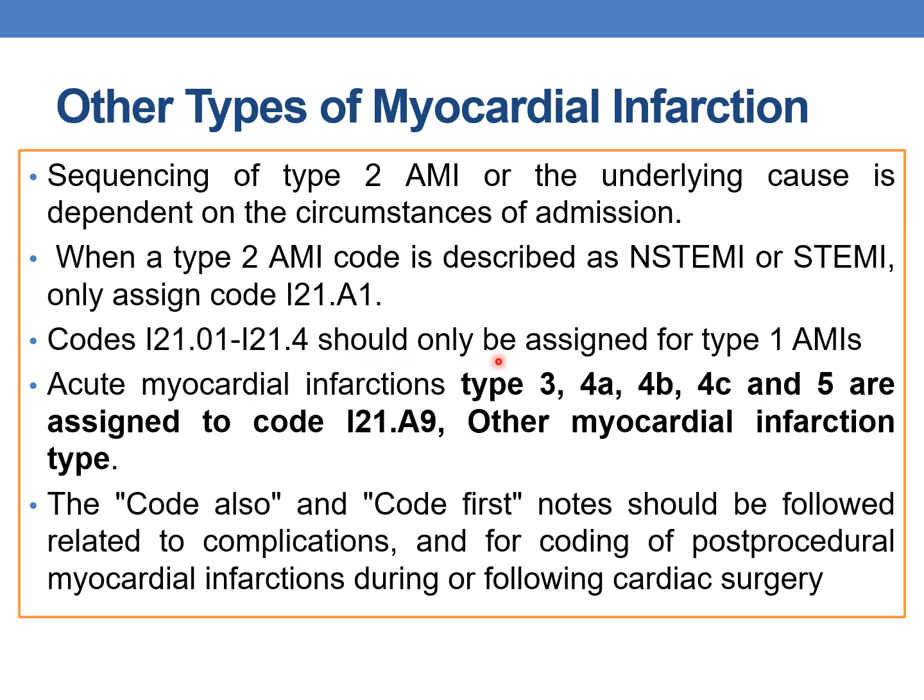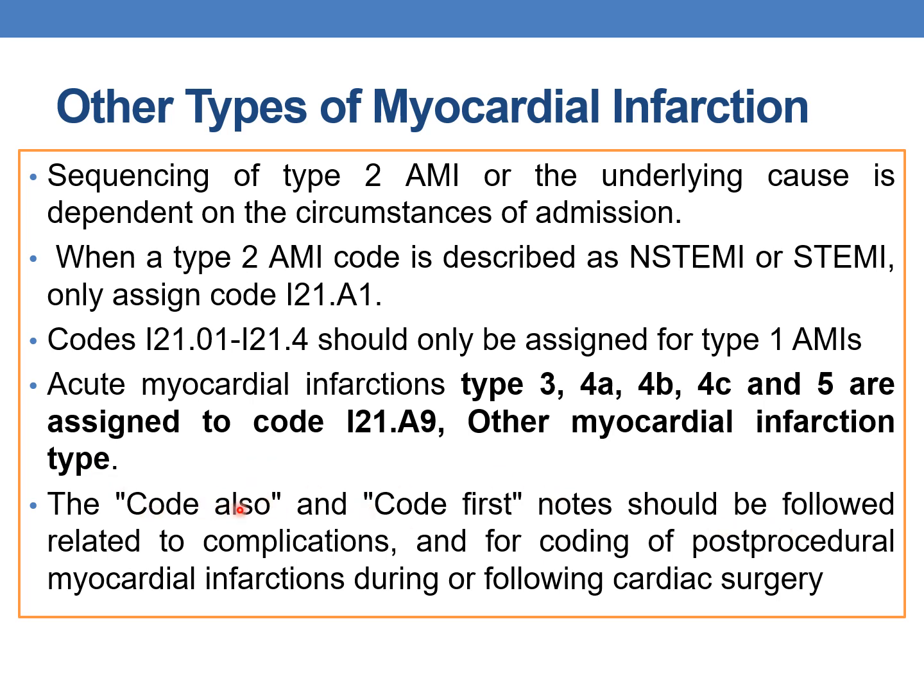Acute myocardial infarction type 3, type 4A, 4B, 4C and 5 are assigned to the code I21.A9, other myocardial infarction type. Along with them, the code also and code first notes should be followed.